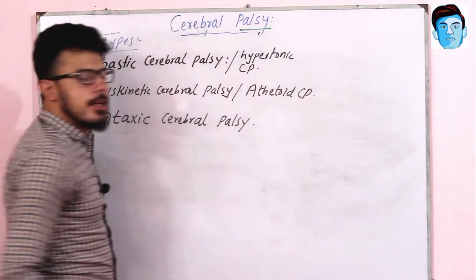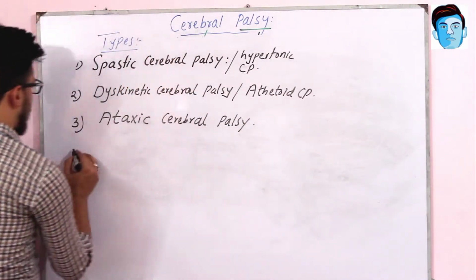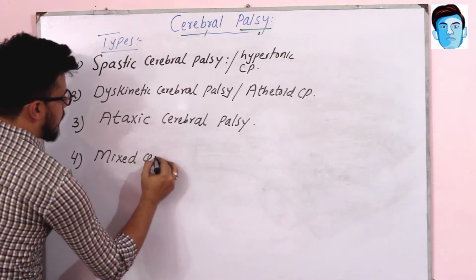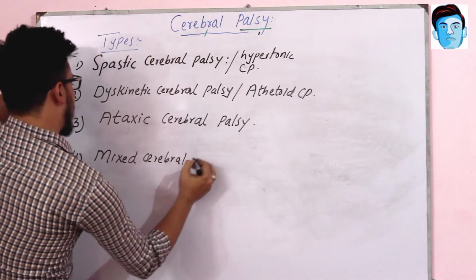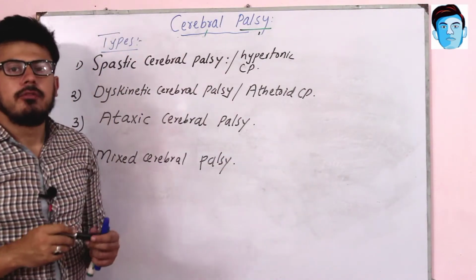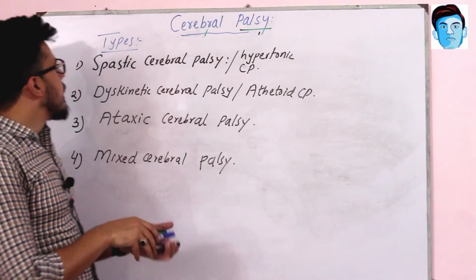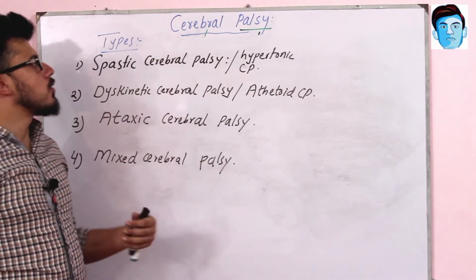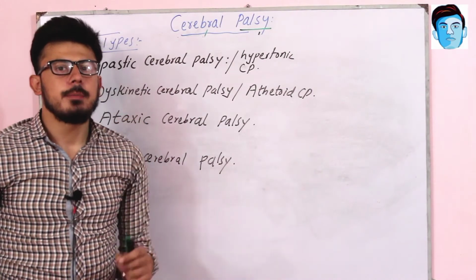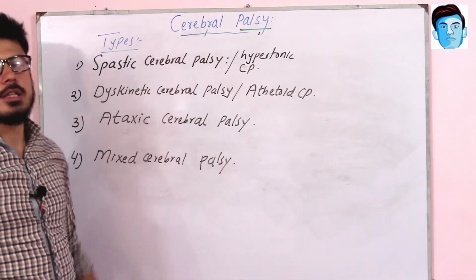While the last is the mixed type of cerebral palsy. So there are 4 types of cerebral palsy: spastic cerebral palsy, which is also called hypertonic cerebral palsy, dyskinetic, ataxic and mixed. Always remember that the most common type of cerebral palsy is spastic cerebral palsy.